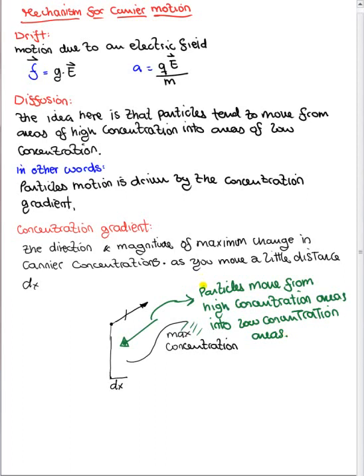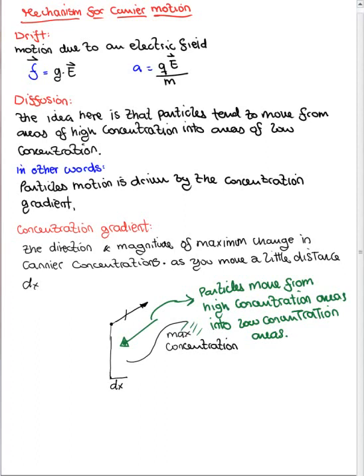Basically all it is, is that particles move from high concentration areas into low concentration areas. And you can use the concept of the concentration gradient to make that more clear, right? The direction and magnitude of maximum change in carrier concentration as you move a little distance dx is this one, and so the particles will move in the opposite direction of the gradient vector. So that's that concept.